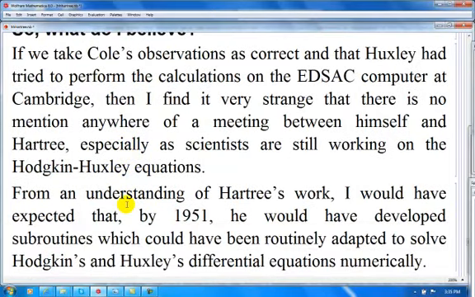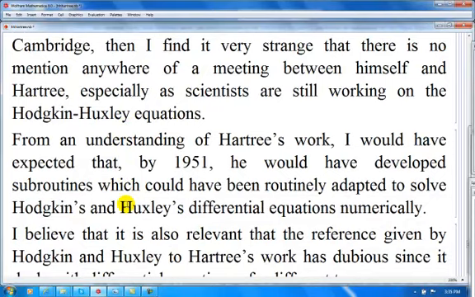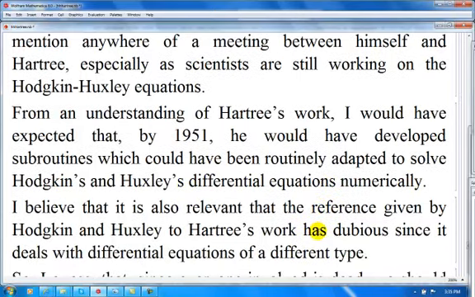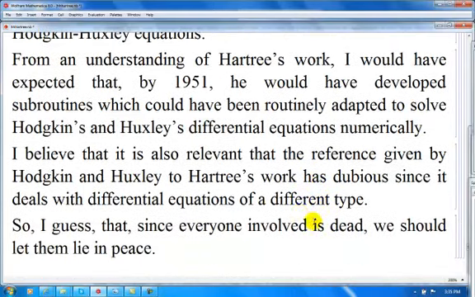And from an understanding of Hartree's work, I would have expected that by 1951 he would have developed subroutines which could have been routinely adapted to solve Hodgkin and Huxley's differential equations numerically. I believe it's also relevant that the reference given by Hodgkin and Huxley to Hartree's work was dubious, since it deals with differential equations of a different type. So I guess that since everybody involved is dead, we should let them lie in peace.